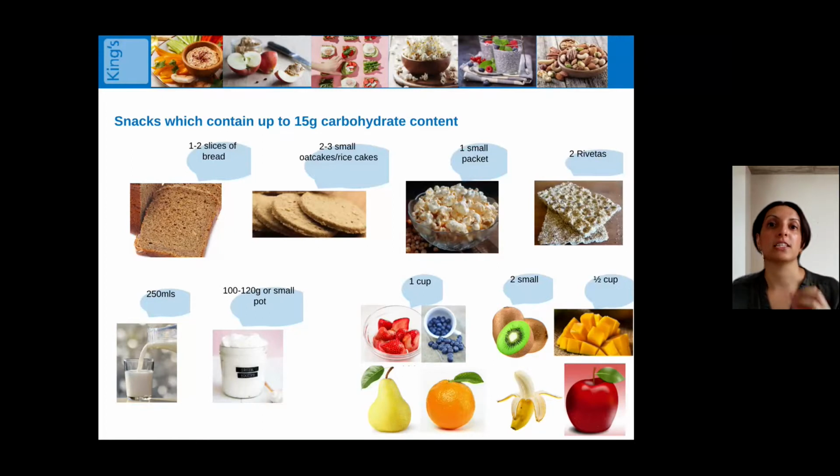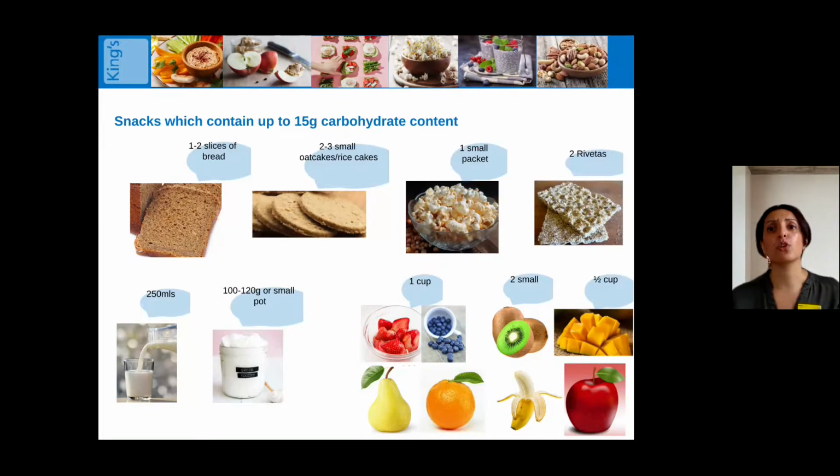So what we do advise is to try and have one type of fruit and have a single portion in any one sitting. So if you're having, for instance, a medium-sized fruit like a banana, an orange, a pear, an apple, for example, have one of those in one sitting. If you enjoy the smaller fruits like kiwis, apricots, or plums, you could have 2 of those. And if you enjoy the tropical fruits like mangoes, papayas, melons, just be aware they are naturally sweeter.